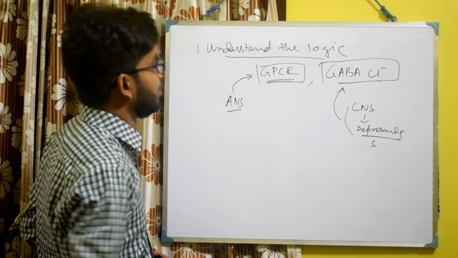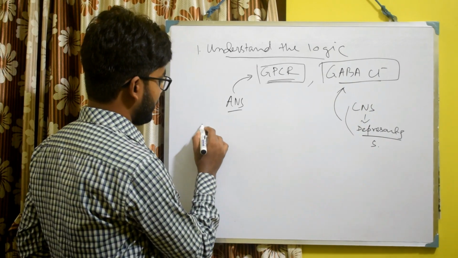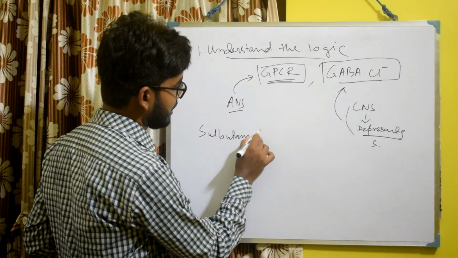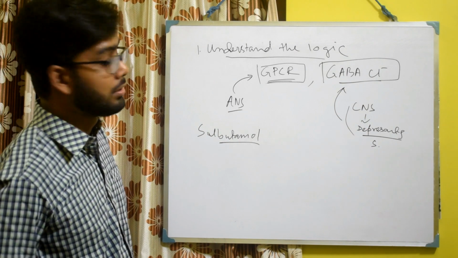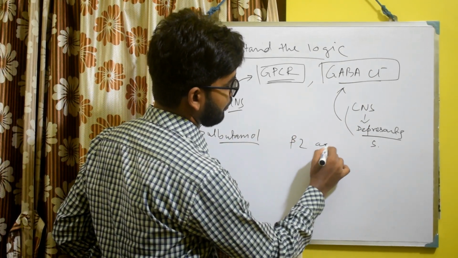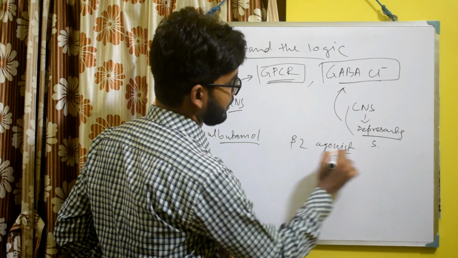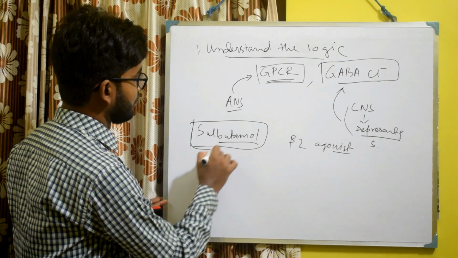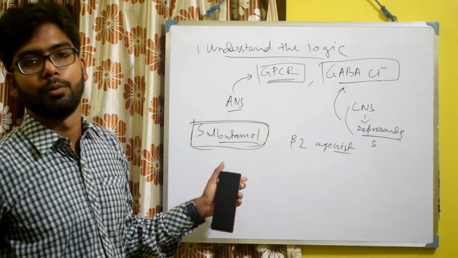Let's take an example like salbutamol. Salbutamol is a beta 2 agonist. You have to know the pharmacological action of salbutamol.